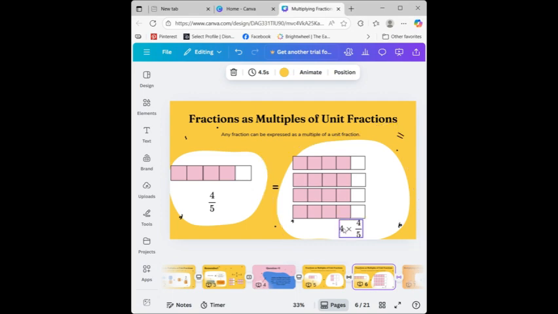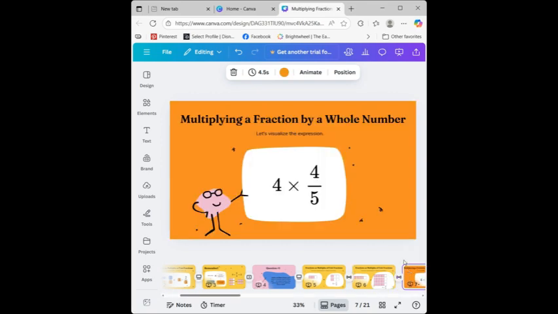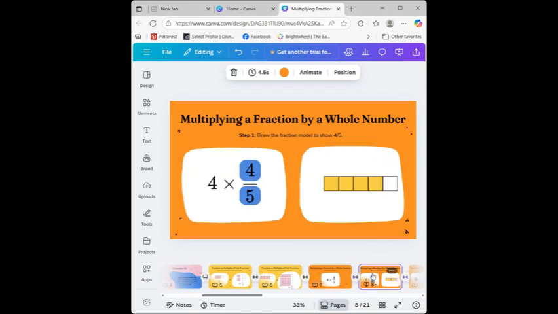Now when we have the problem 4 multiplied by 4/5, we have our 4 groups of 4/5. So when we first visualize it, we have to remember that it's 4 times 4/5.